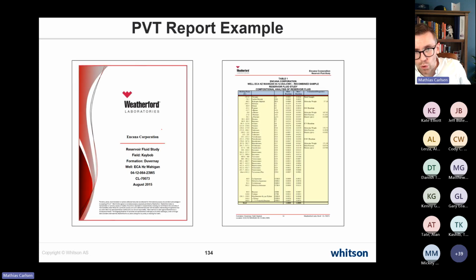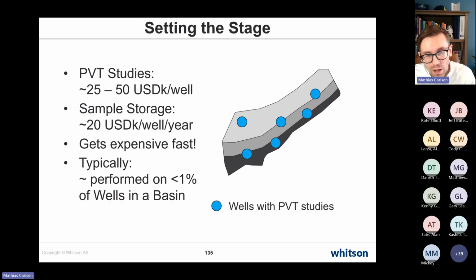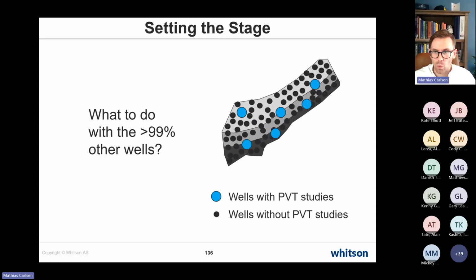We also already looked at the PVT report example, and you could see hundreds and hundreds of pages with compositions, and finding the right composition to use is sometimes tricky. That's why typically less than 1% of the wells in the basin have these recombined well stream compositions measured for them. So what do we do with the 99% of the other wells?